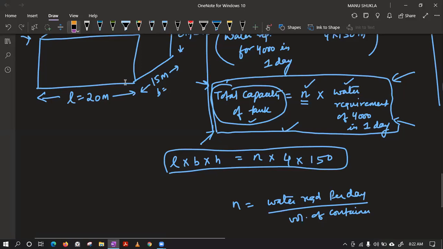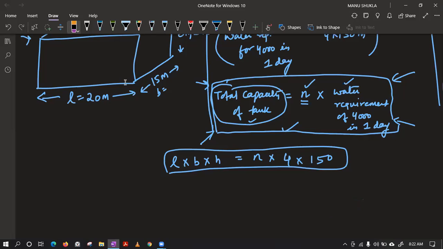Now let us solve this. The equation that you said will give you answer in fractions. That means not even single day they will get the water. Now L is how much? 20 into 15 into 6 equal to n into 4 into 150.